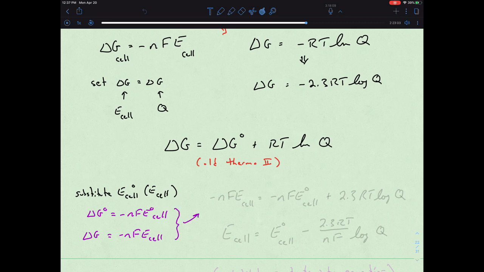So that's all we're doing here in plugging in those values. And then changing over to the logarithm version for the 2.3 RT log of Q. If we divide over the negative N and the F, the Faraday's constant, we end up with this expression.